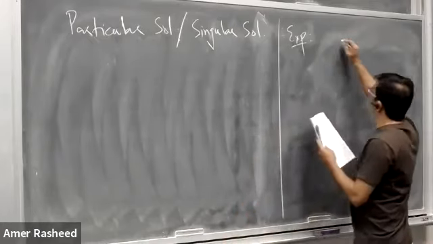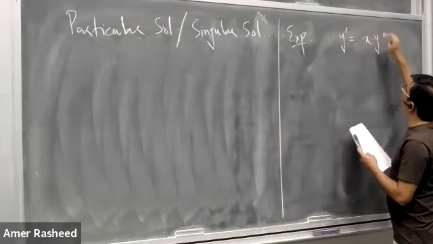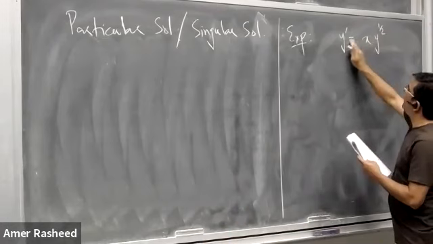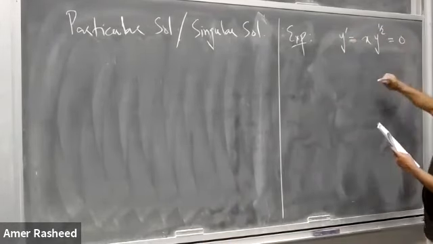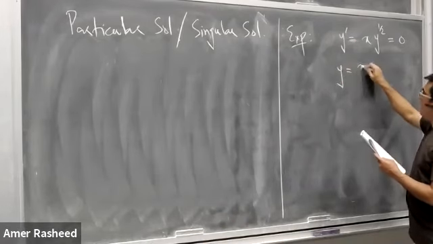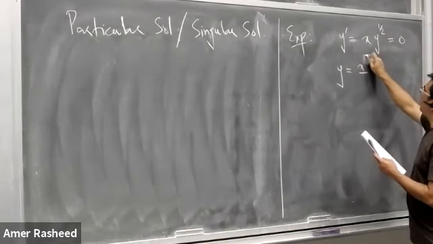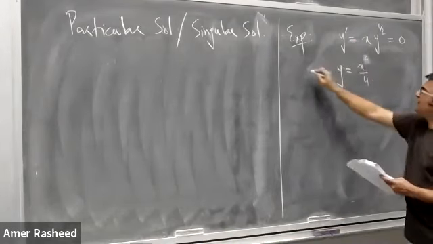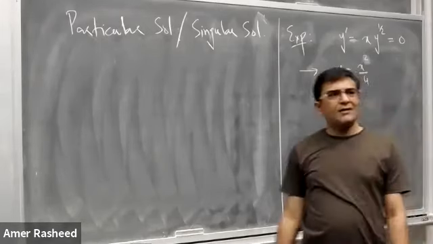ठीक है, हमने एक डिफरेंशियल इक्वेशन डिस्कस की थी, y डैश इज इक्वल टू x y पावर 1/2, या y' minus x y^(1/2) इज इक्वल टू 0। हमने अस्यूम किया था कि इसका सोल्यूशन क्या है, x² over 4। This is the solution, but this is a particular solution. It doesn't involve any parameter c.